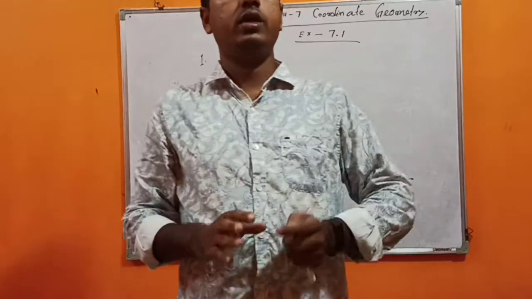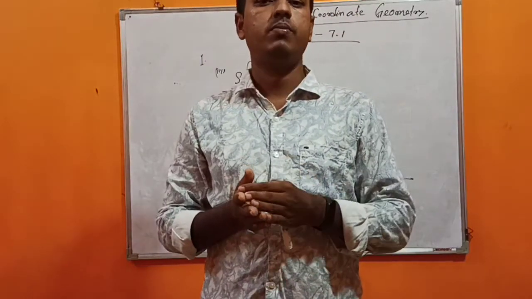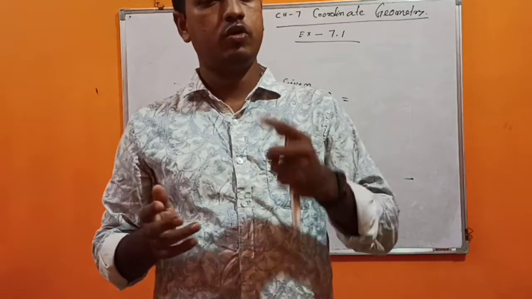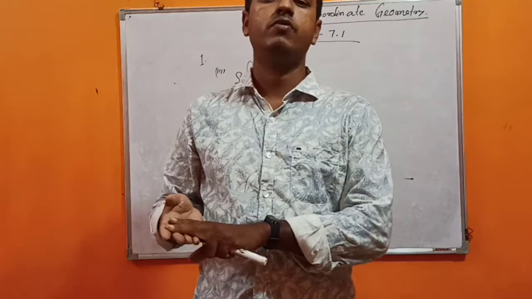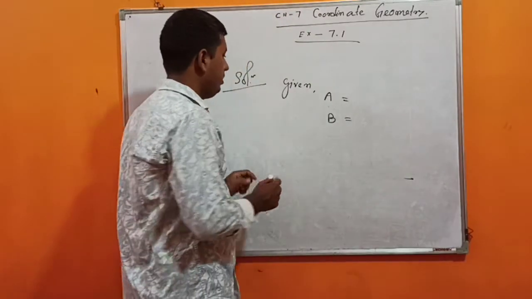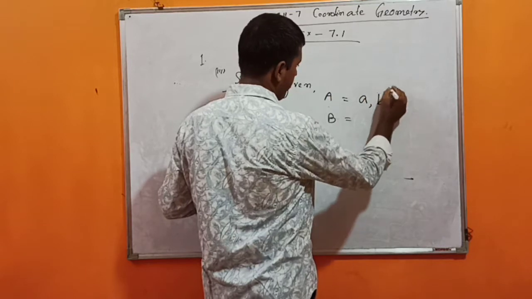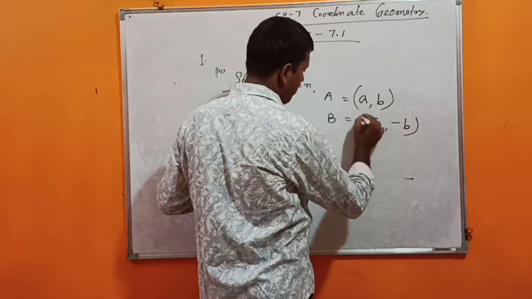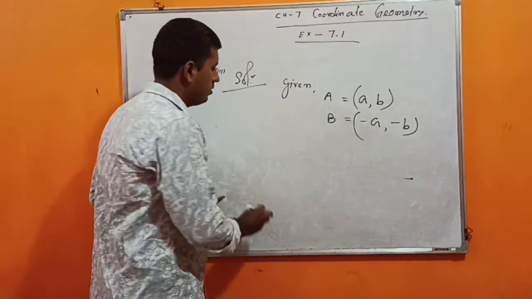We have to write only first number of first point minus first number of the second point whole square, plus, within square root, second number of first point minus second number of the second point whole square. In question number 3, the first point is (A, B) and the second point is (minus A, minus B). These are the coordinates of the two given points.